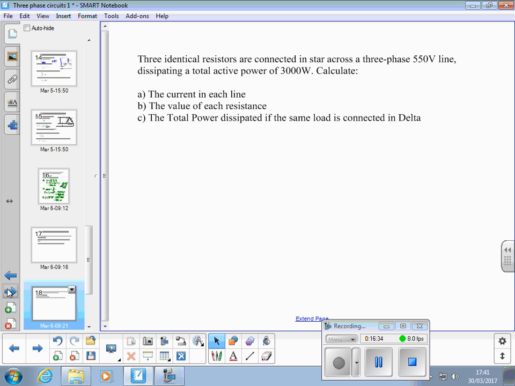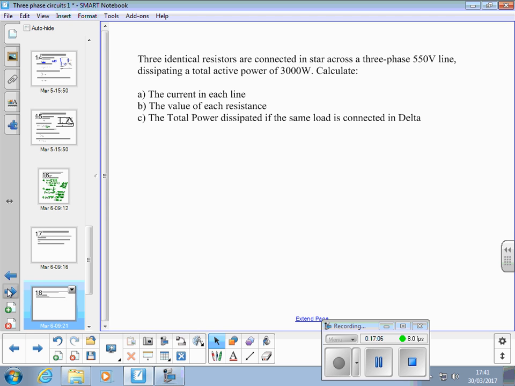So, 3 identical resistors are connected in star across a 3-phase 550 volt line, dissipating a total active power of 3000 watts. Calculate the current in each line, the value of each resistance, and the total power dissipated if the same load is connected in delta.